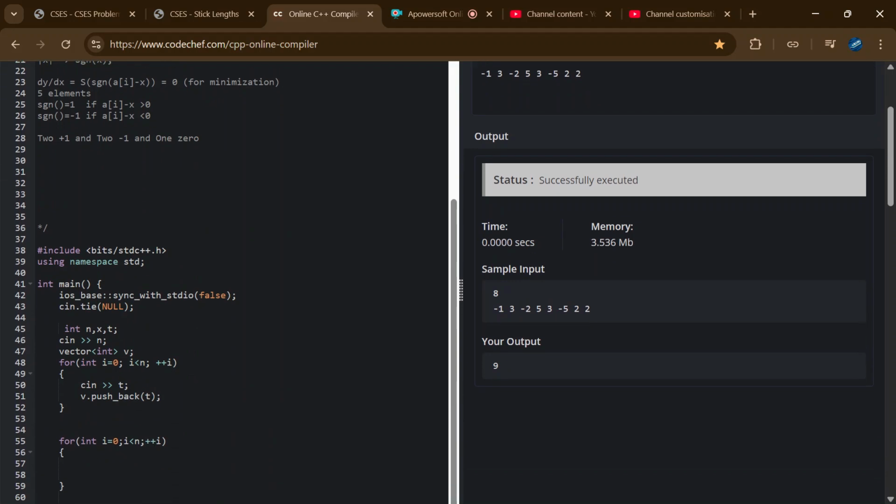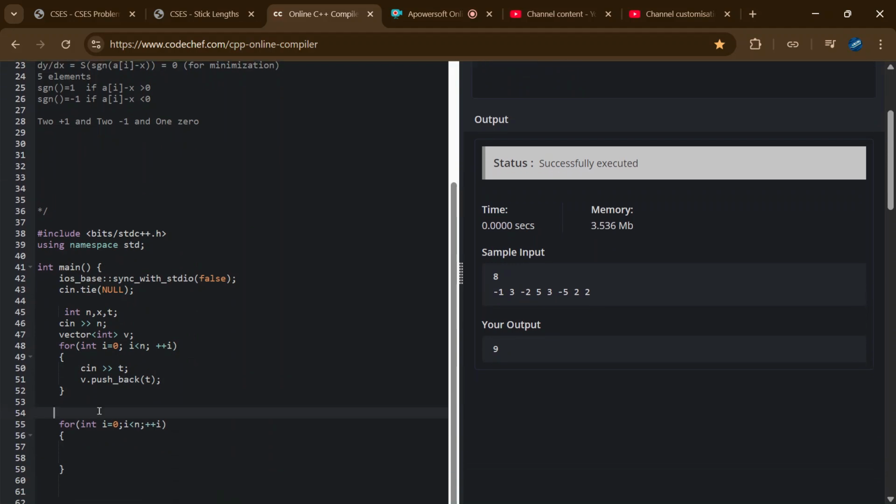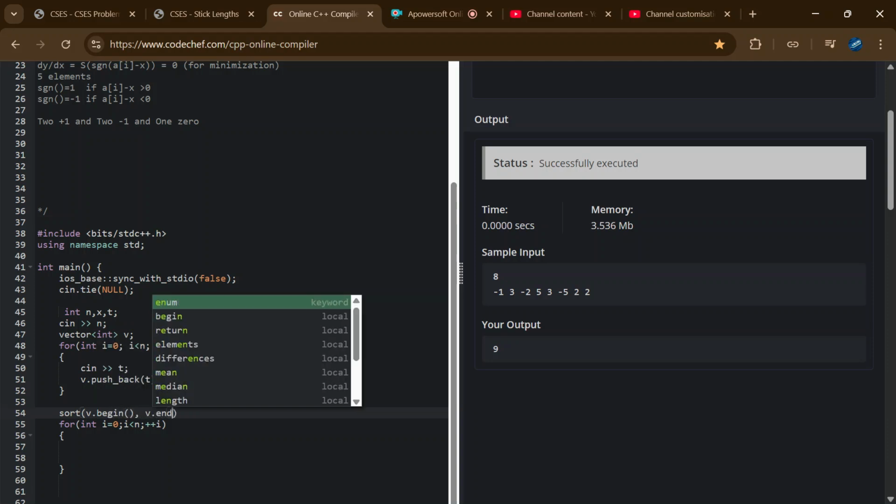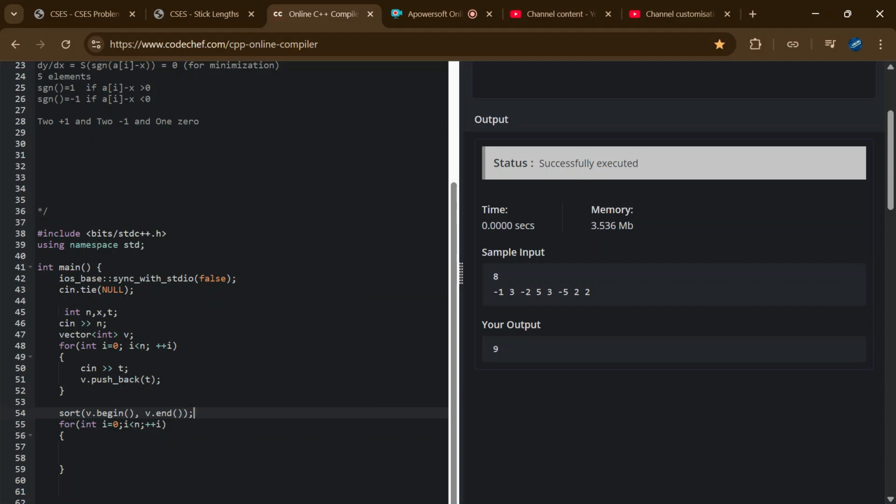Okay, so let me code it for you. I have taken the input also, and let me sort it. Sorting would be v.begin, v.end.